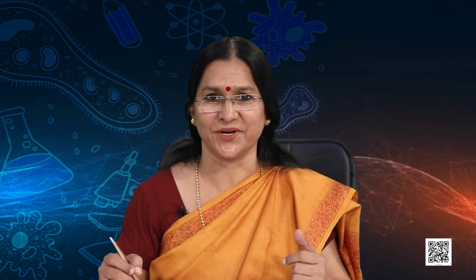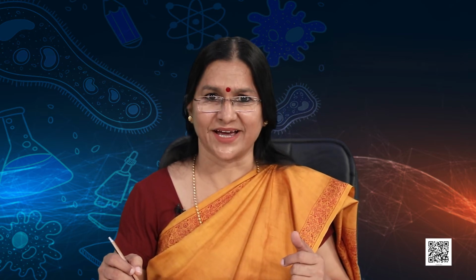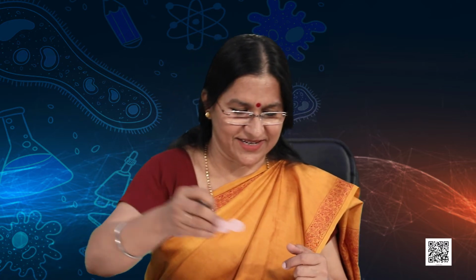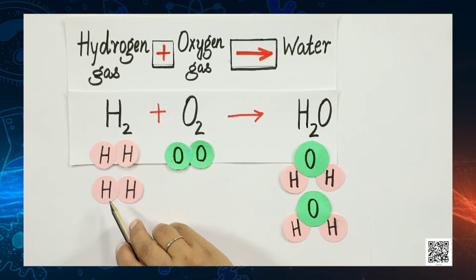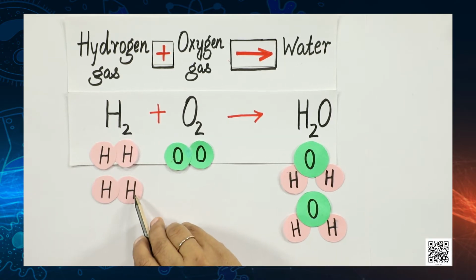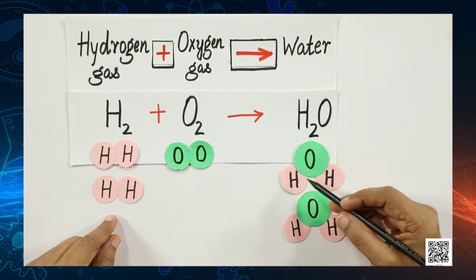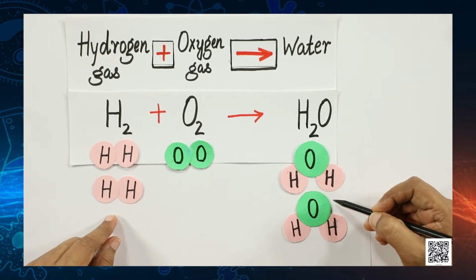So, what do we do? I am sure by now you know, and you are trying to tell me, why don't you add another molecule of hydrogen? Okay, so let me do that. And here I have added a molecule of hydrogen, and now every atom seems balanced. Okay. So, this is the visual balancing. How do we write it? Oh, you are so quick. Okay.